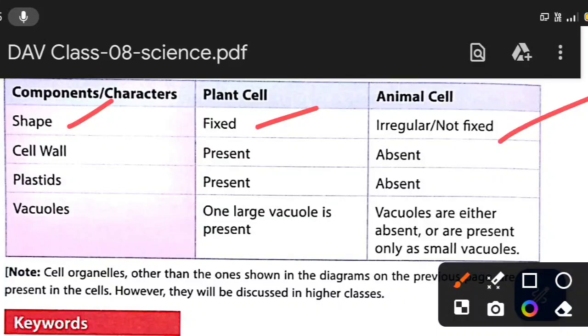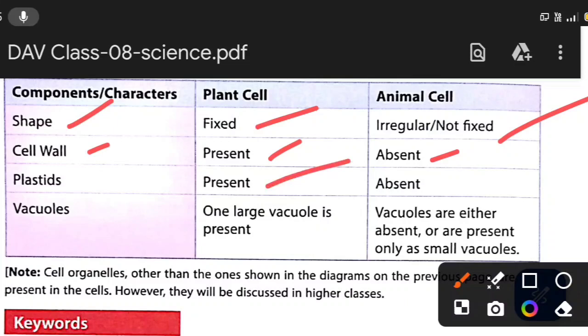Normally, plant cells have a rectangular shape, that is a fixed shape. But animal cells are always irregular, maybe circular, maybe oval. Then the cell wall is present in the plant cell, but it is absent in the animal cell.